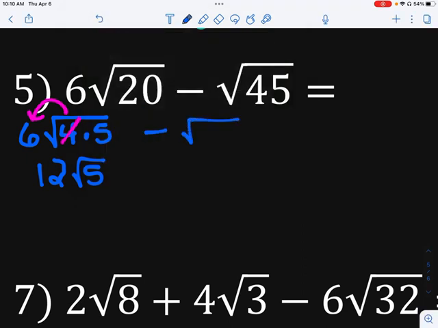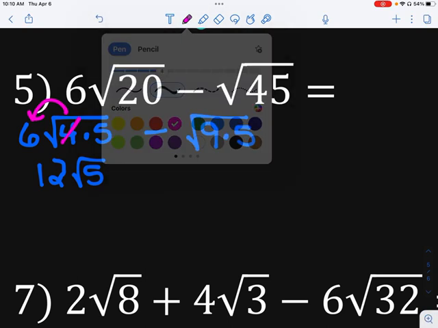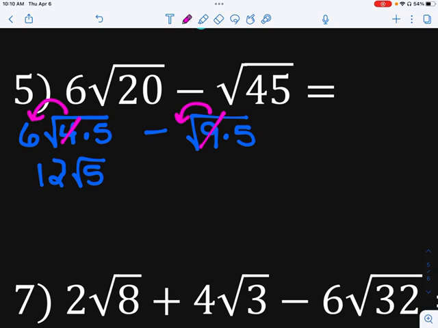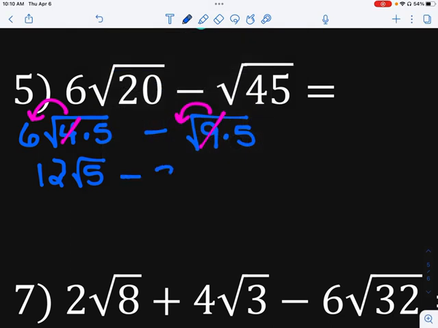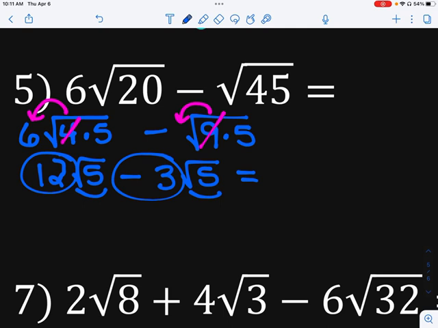I still have minus square root of 45, and square root of 45 breaks down. The largest perfect square that goes into 45 is 9. So now I simplify that. The square root of 9 is 3. That's going to bring that out. So that's going to leave us with minus 3 square root of 5. Okay, so now I have like radicals, so I'm going to take my 12 and subtract 3, and that's going to give me 9 square root of 5.